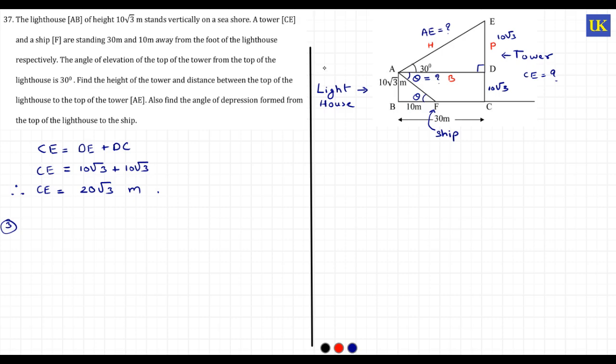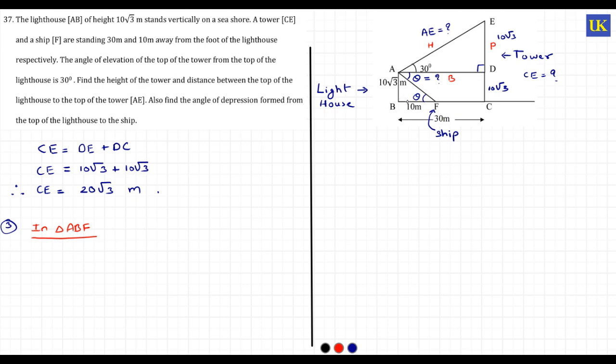So if this is theta, then for this triangle ABF, we have to consider triangle ABF.